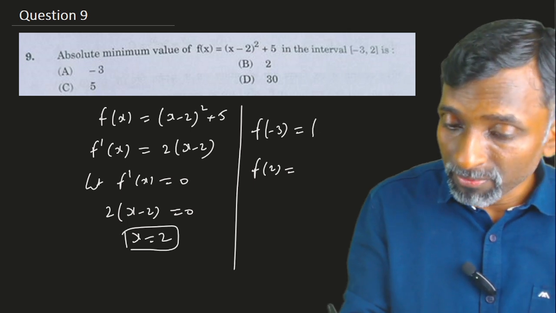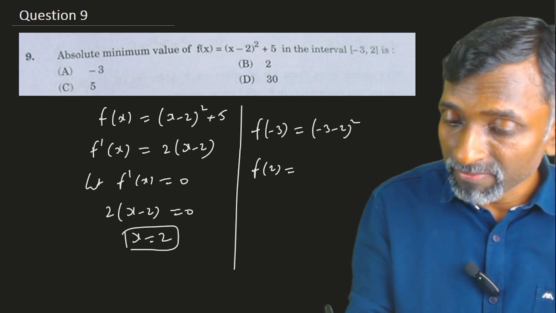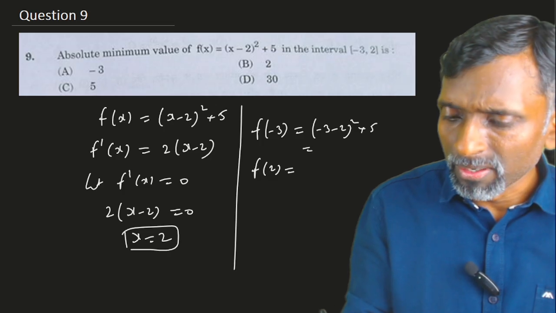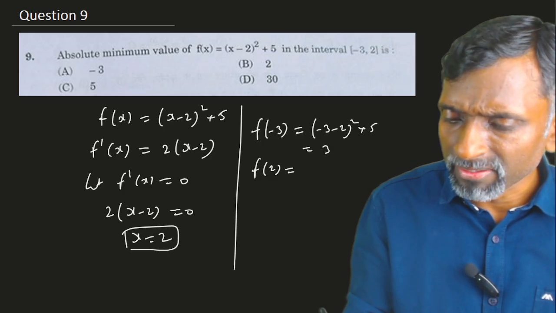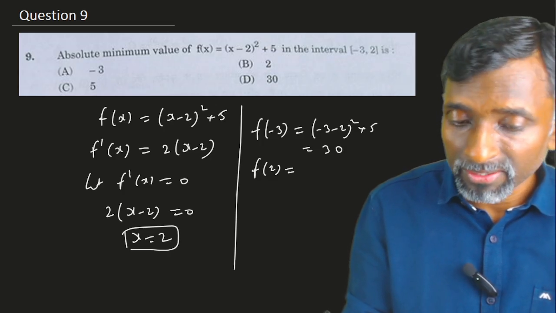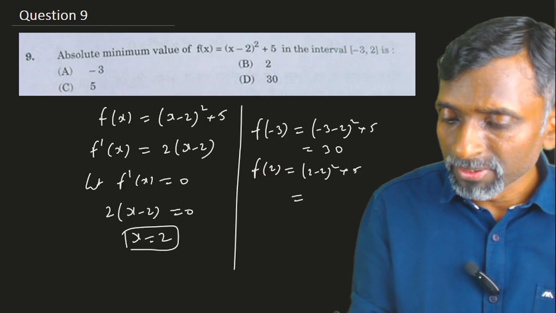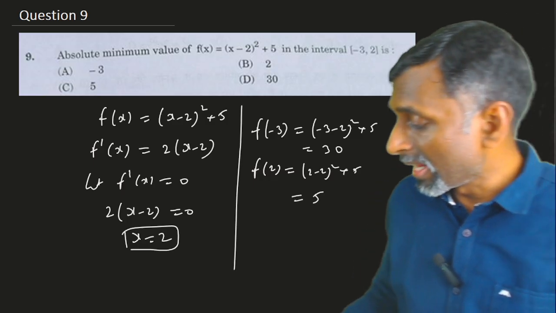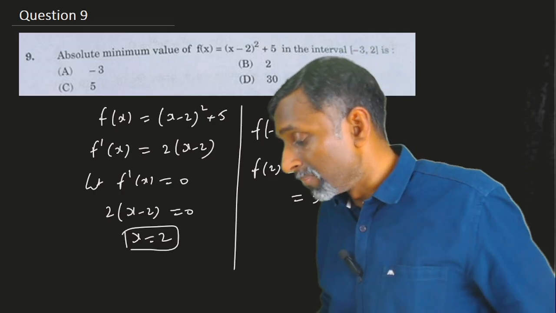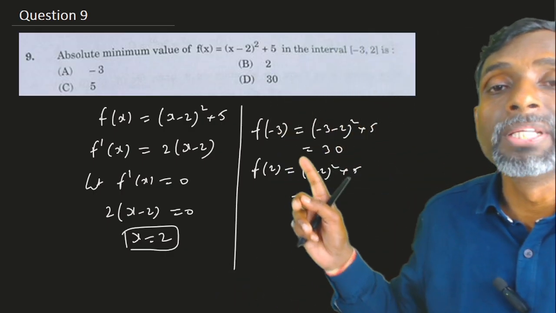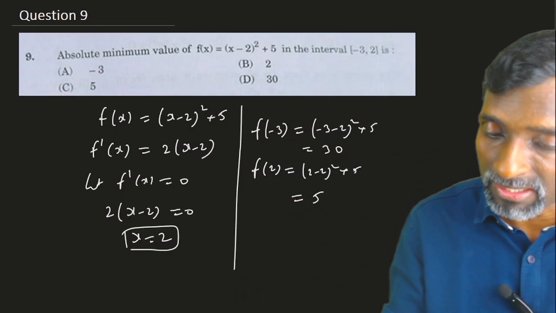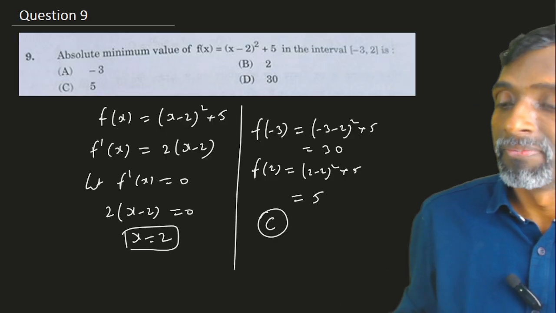If we are substituting x is equal to minus 3, it will be 25 plus 5, 30, and when we are finding at 2, it is 2 minus 2 whole square plus 5, so it is 5. We have to find the absolute minimum value. What do you mean by minimum? Minimum means smallest of these two, so it is 5. So we can say option is C, which is 5.